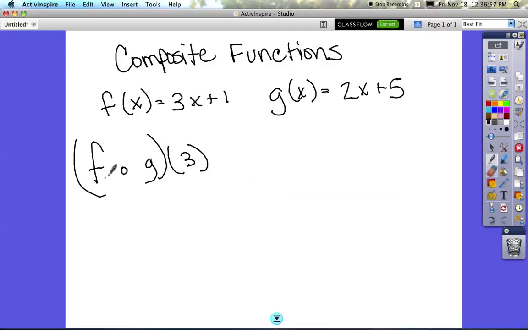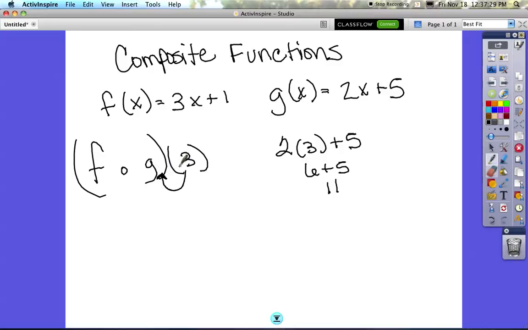So what do you think 3 is now? X. So we're going to put 3 into the g in place of x. So that's why I'm looking at the g now. So I'm going to say 2 times 3 plus 5. What's 2 times 3? 6 plus 5. So that's 11. And so g of 3 is 11.